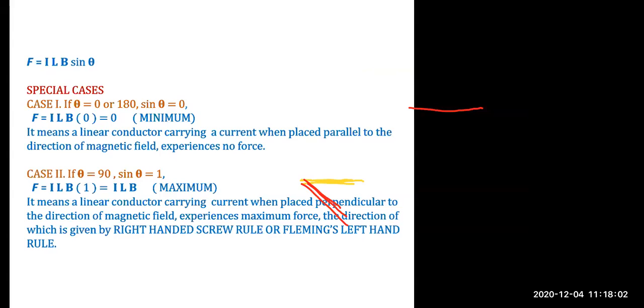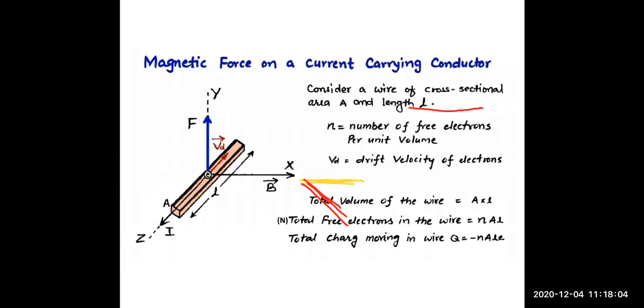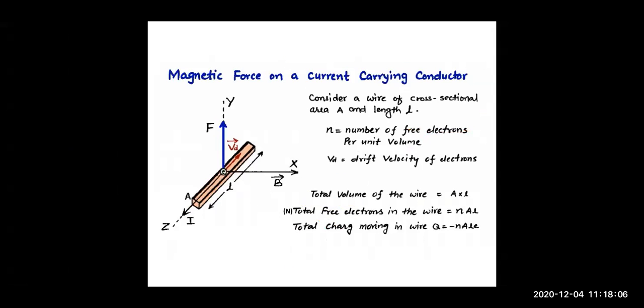So let us go for the direction in the diagram number 1. See, in this diagram, we are going to stretch the first finger in the direction of magnetic field. So we should keep our first finger in this direction, right? Then the middle finger in the direction of electric field, in the direction of current. So current is going in Z direction. So you will keep the middle finger in this direction.